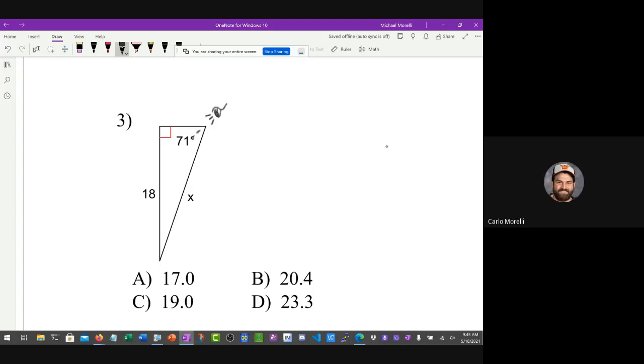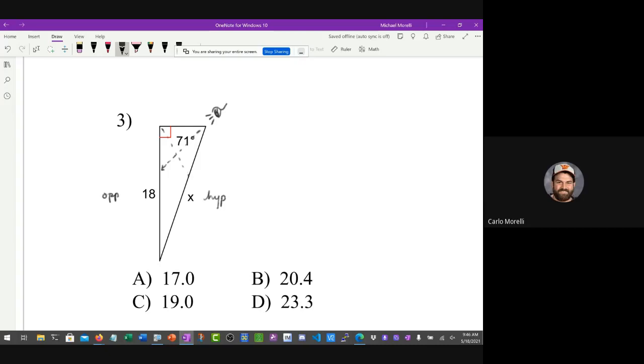From the perspective of that eye, 18 is the opposite side. And from the perspective of the right angle, x is the hypotenuse. So next to x, we're going to write hypotenuse, I'll abbreviate HYP. And next to 18, I'm going to write opposite, I'll abbreviate OPP.